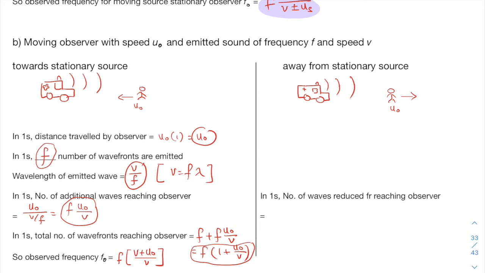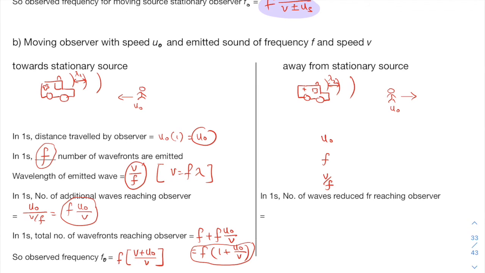Notice in this case, lambda 1 and lambda 2 are the same because the source is stationary. Let's analyze. In 1 second, the distance traveled by the observer again is u_o, and in 1 second, f number of wavefronts are emitted, and the wavelength of the wave emitted would be v over f.